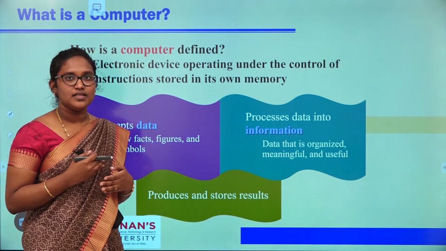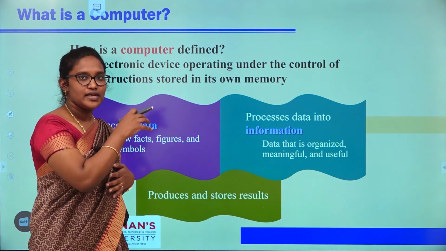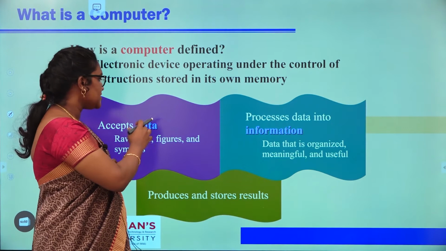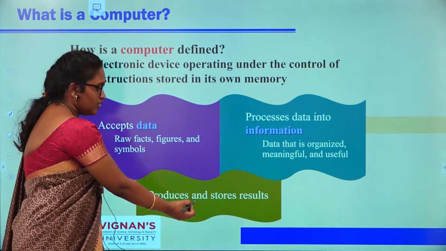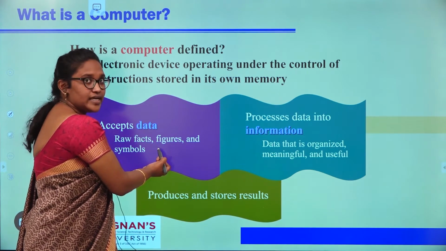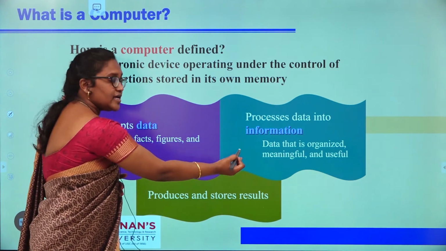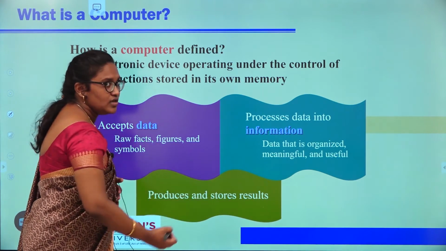As we have seen the definition of a computer, we will see the exact need of a computer. Here you can see the three blocks of the functioning of a computer. First is accepting the data, next is processing data into information, and producing and storing the result.